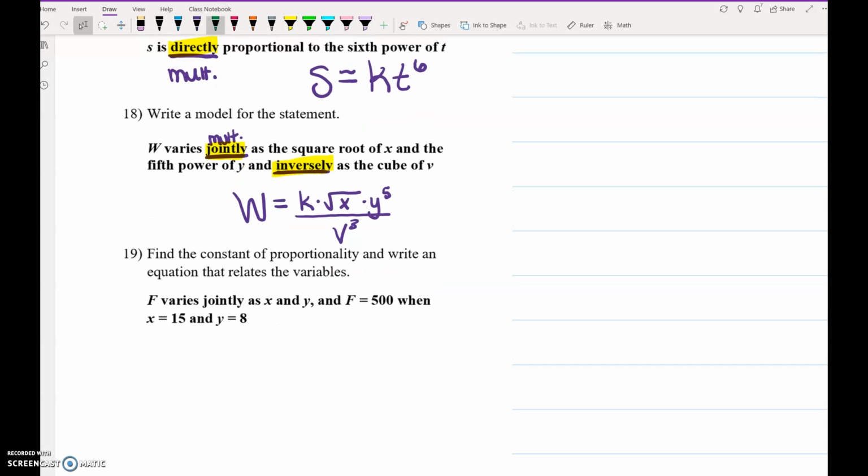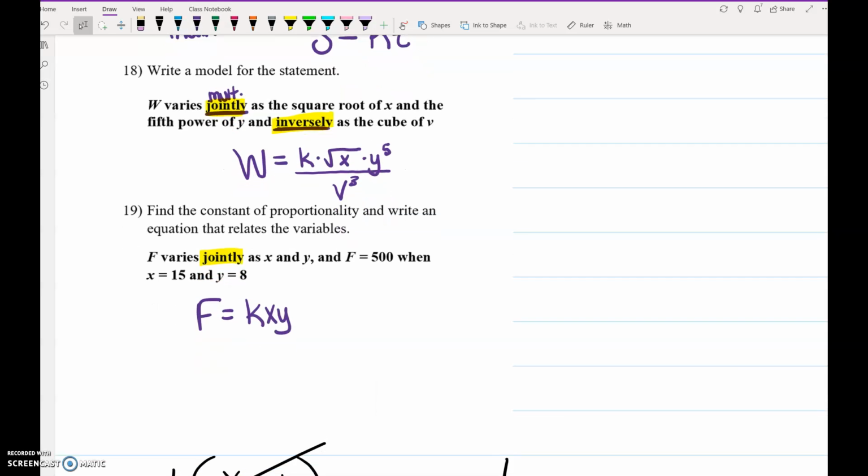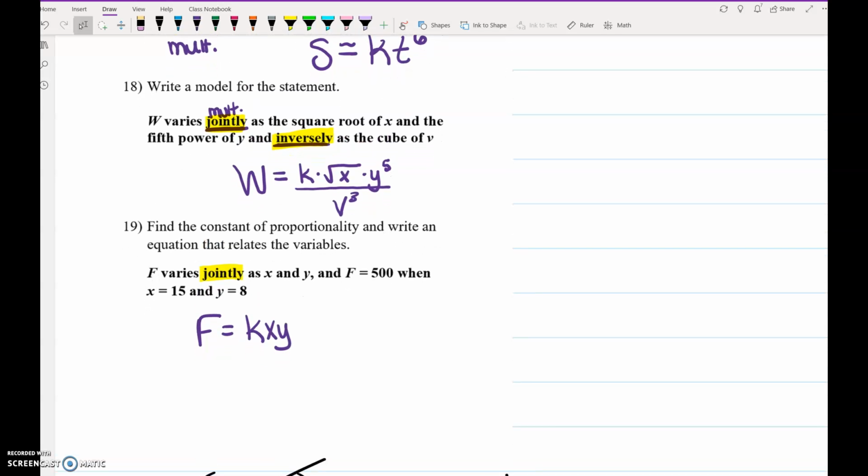This last problem, f varies jointly, that means you're multiplying by several things, as x and y. Then they tell you that f is 500 when x is 15 and y is 8. 15 times 8 is 120.